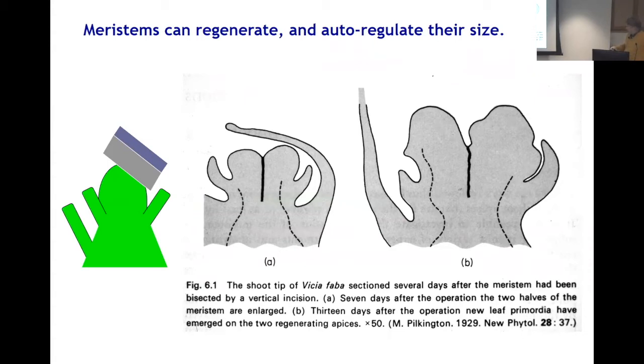Mary Pilkington did these very nice experiments in the 1920s, where she would remove all the leaf primordia from meristems, I think this is in beans, and then bisect the meristem with a razor blade, and then each half will regrow, regenerate, and produce new meristems that are the same size as the original meristem was. So the meristem has some kind of internal program to control its size.